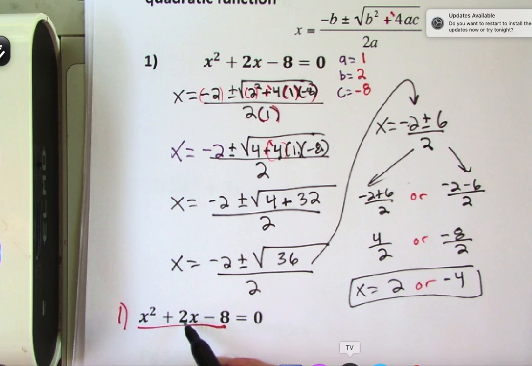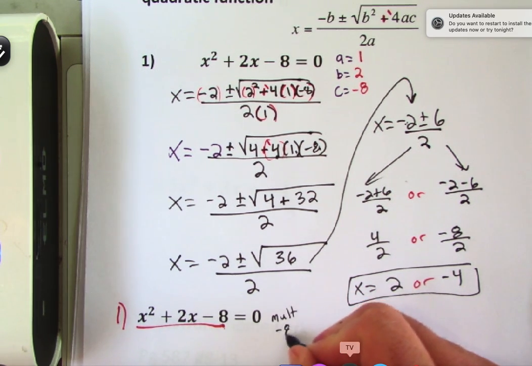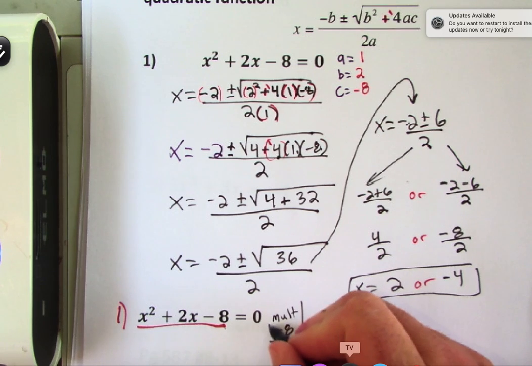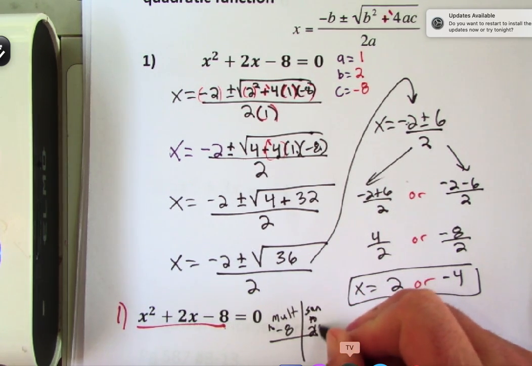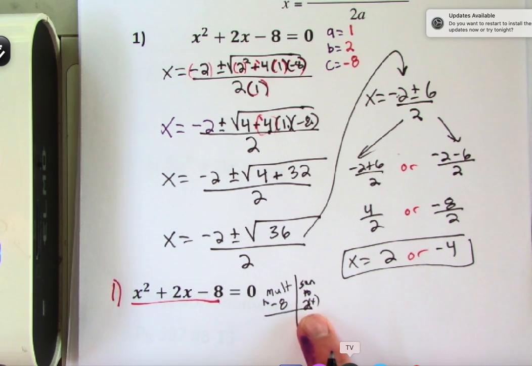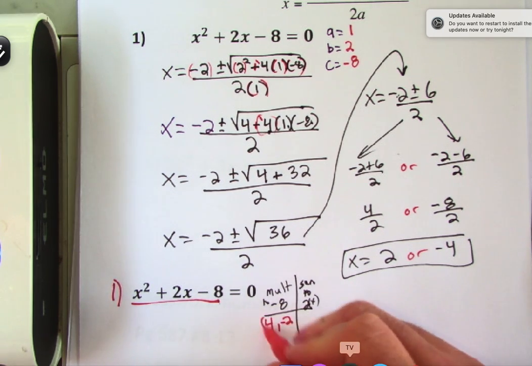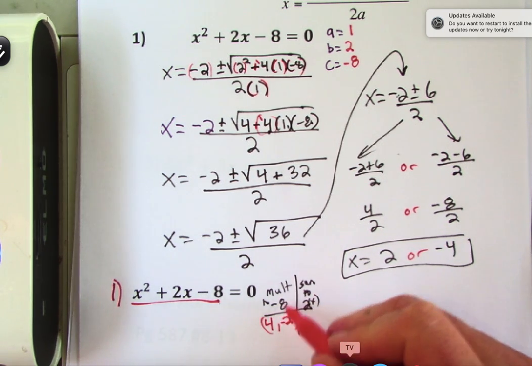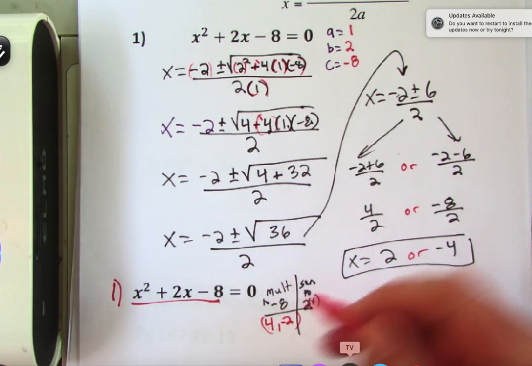Look what's left. Can it be factored more? It's in the form x squared plus bx plus c. So is there anything that multiplies to our c term, negative 8, and sums to our b term, 2? Well, yeah, actually, positive 4 times negative 2 works, right? 4 times negative 2 is negative 8, and 4 plus negative 2 is 2.